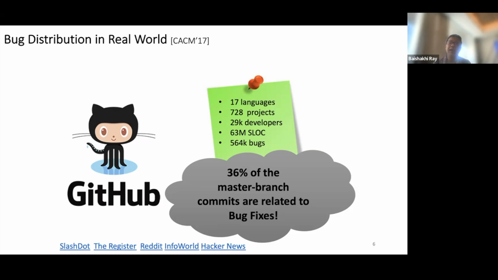So what does that mean? That if I assume that these commits are actually fixing some bugs, then a large number of commits that are going to the main branch, after all this testing, etc. efforts, are still related to bugs.